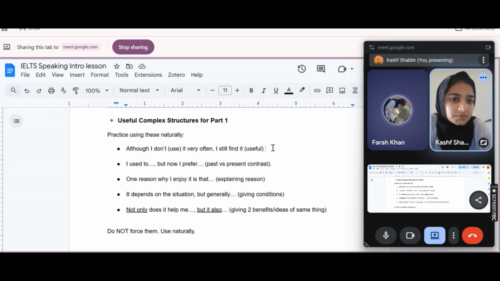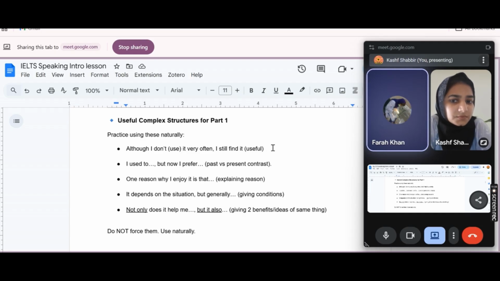Although I don't like online shopping, it is very risky, but I still find it very convenient because I can buy everything with just one tap, and it is not necessary to manage a specific time and then go and buy specific products.